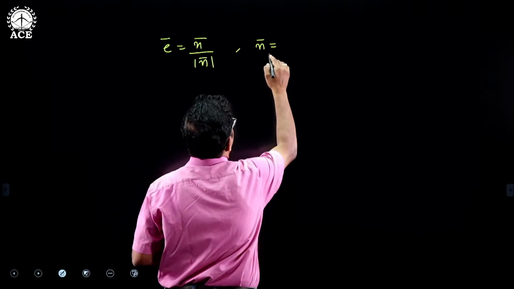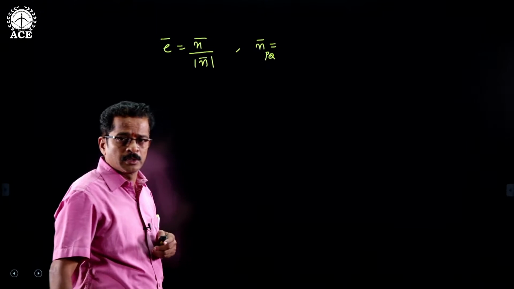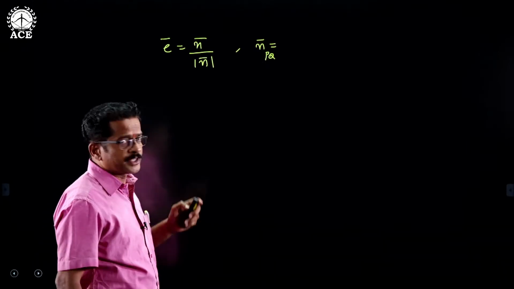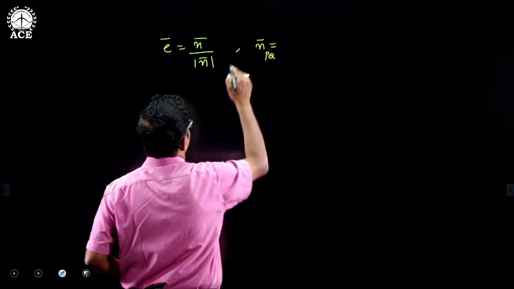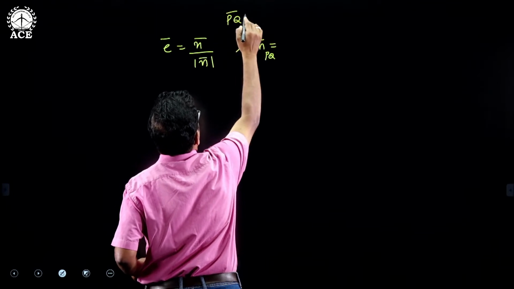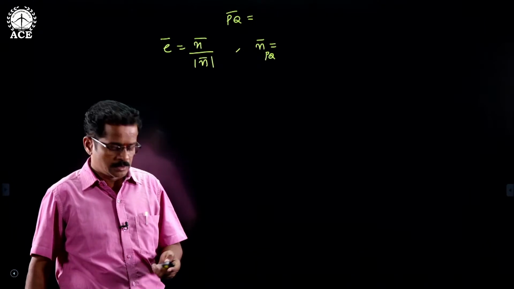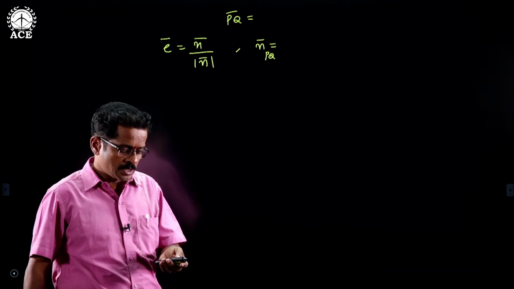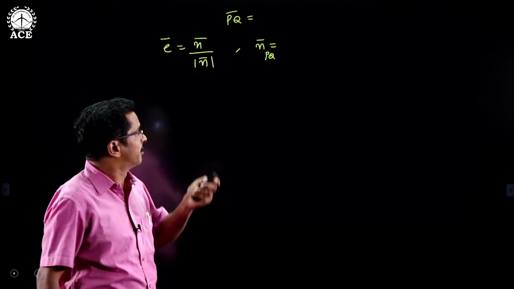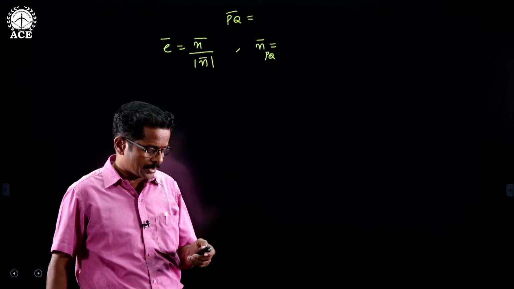So let us try to find the vector PQ bar. The vector PQ bar is evaluated as OQ bar minus OP bar.